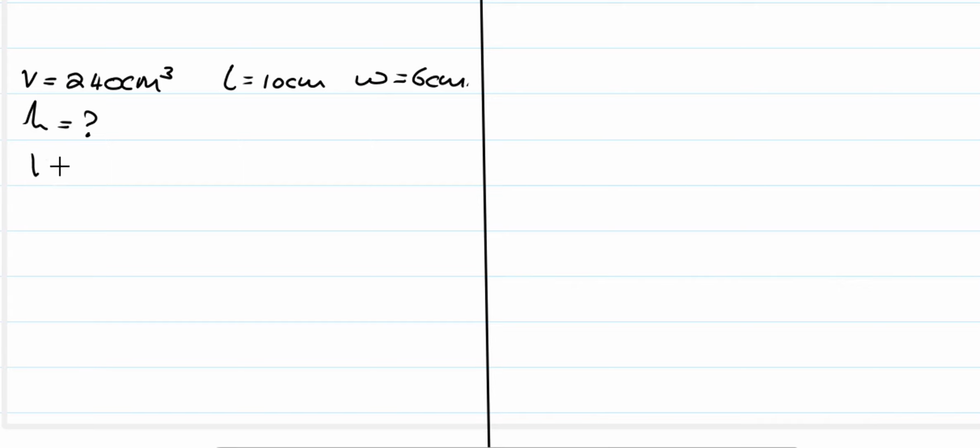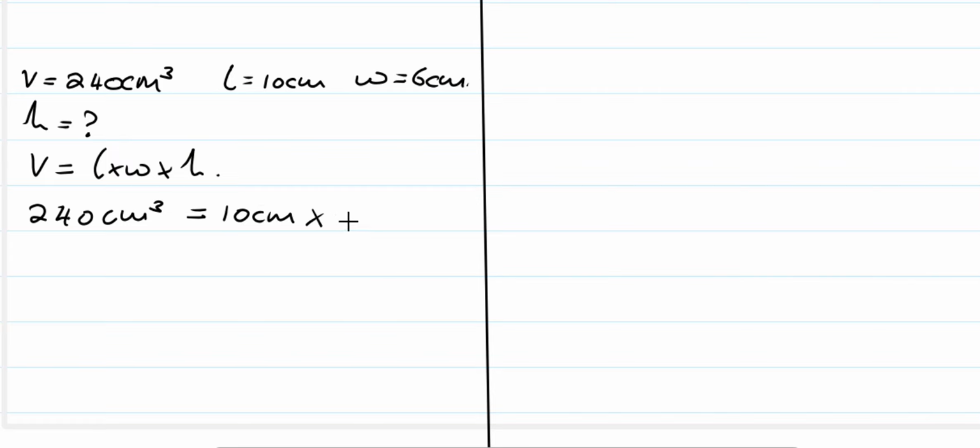We already know the volume of a cuboid is given by length multiplied by width multiplied by height. So in this formula we need to replace with these values. The volume, 240 centimeters cubed, is equal to length, which is 10 centimeters, multiplied by width, which is 6 centimeters, multiplied by height, which we don't know, but also in centimeters.